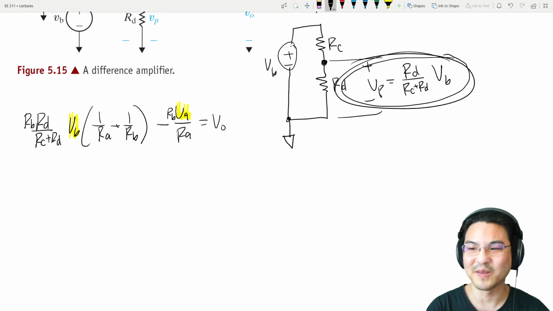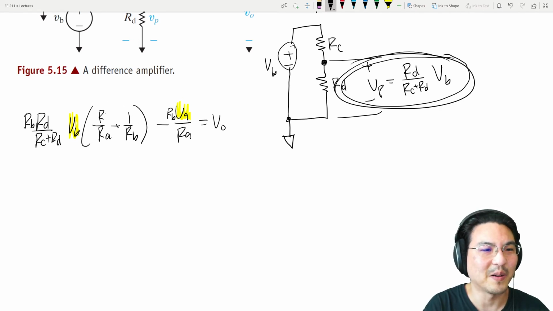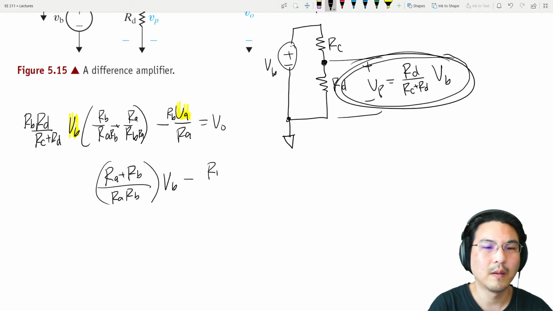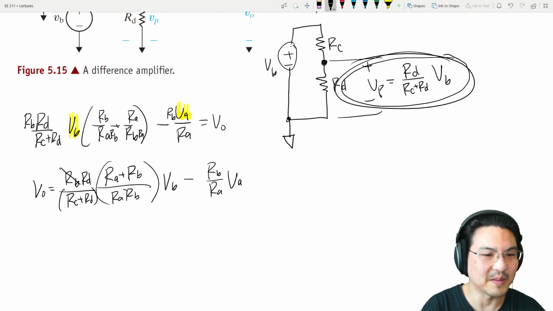It's still kind of a mess, the algebra. So let's clean this up a little bit. If I multiply this term by Rb over Rb, and I multiply this by Ra over Ra, then they have a common denominator. And then the rest of it, Rb, Rd. And let's see, this cancels this.